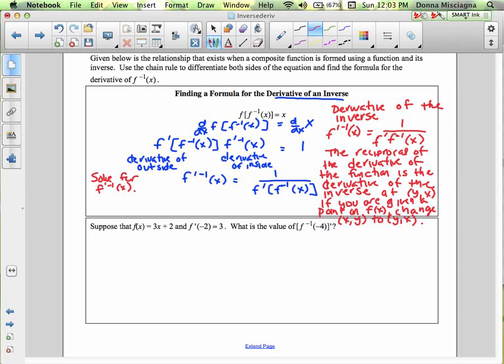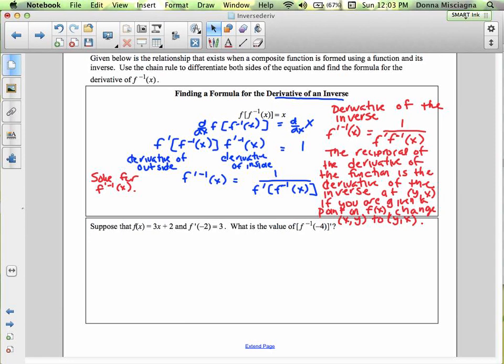Okay? All right, so now that makes it nice, because I don't mind finding the derivative of the inverse, especially on an easy one, but now we don't have to. We can find the derivative of the inverse simply by finding the derivative of the original function evaluated at the inverse.